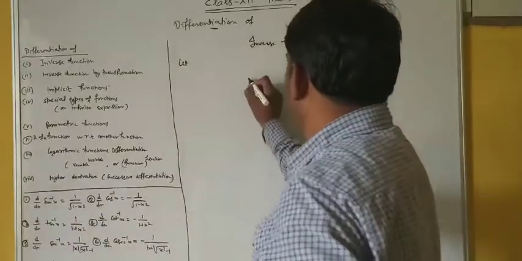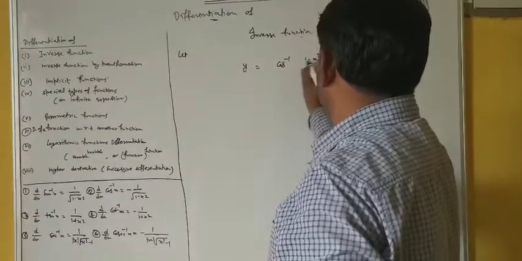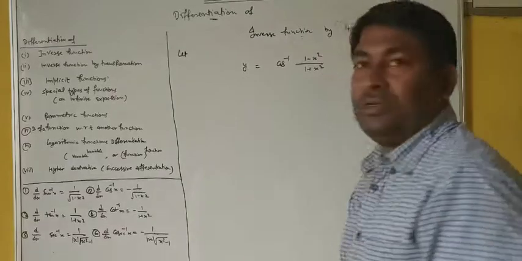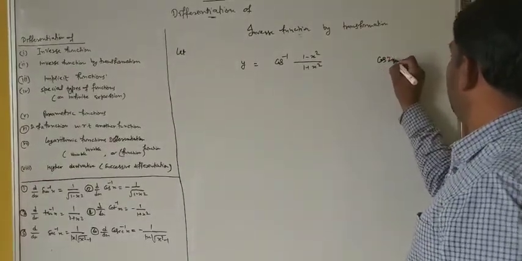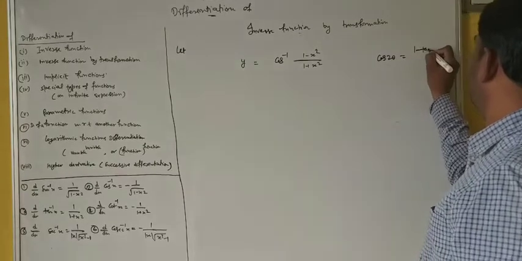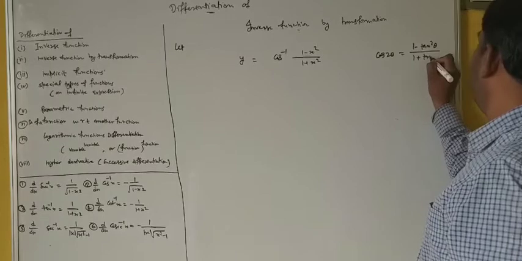One more question: if y is equal to cos inverse of 1 minus x square upon 1 plus x square, then just see, as you know, cos 2 theta is equal to 1 minus tan square theta upon 1 plus tan square theta.